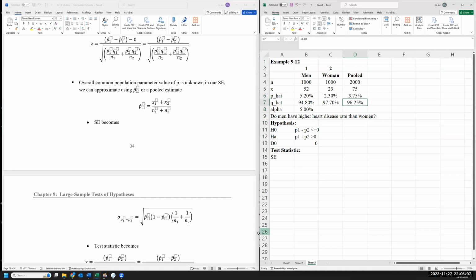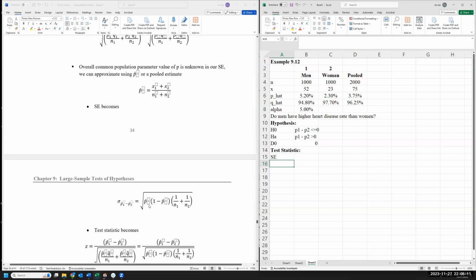All right, so to calculate the standard error, here's the formula: P times Q times 1 over N1 plus 1 over N2. I'm going to do it in 3 parts, just like before.